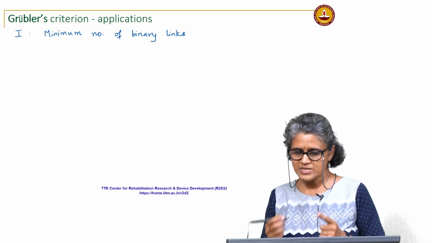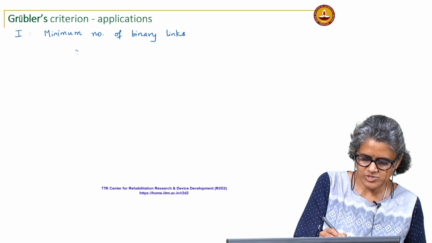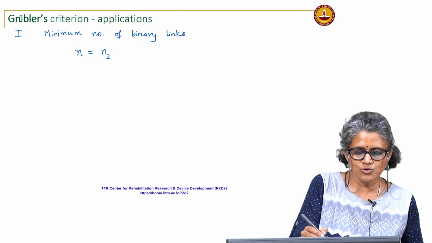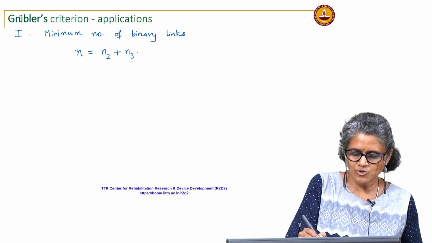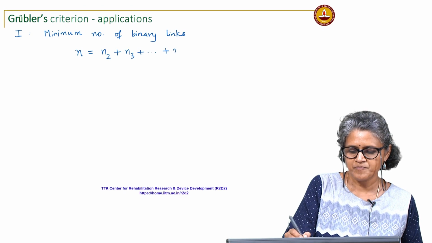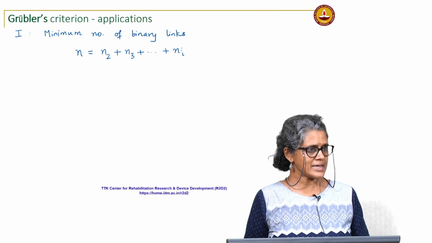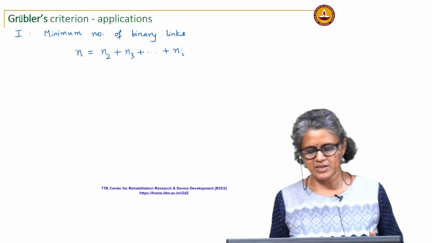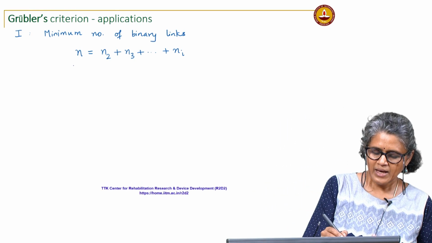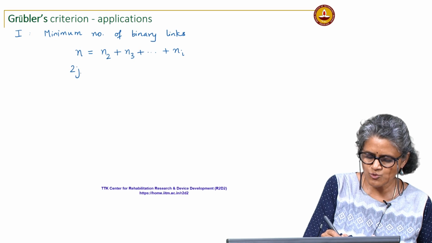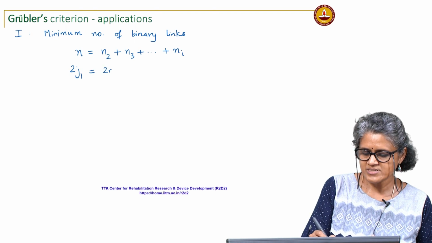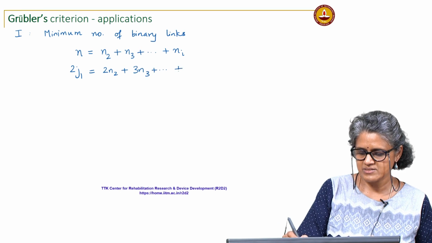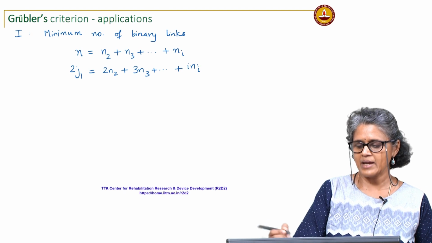For this we go back to the form of the criterion. n is equal to, since it is a closed chain with no singular links, n2 plus n3 plus so on up to a link of order I, meaning it has I nodes. That is your total number of links. Then 2j1 equals 2n2 plus 3n3 plus so on up to I.